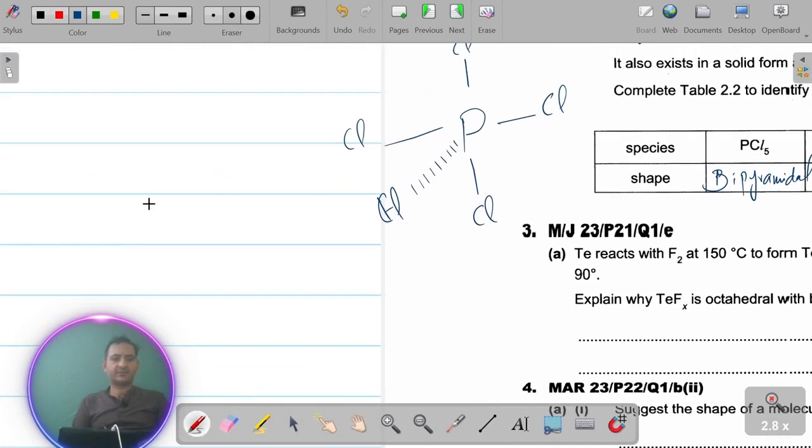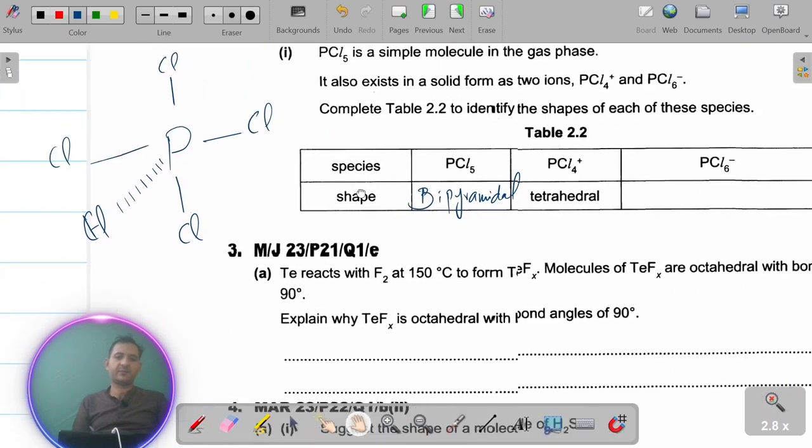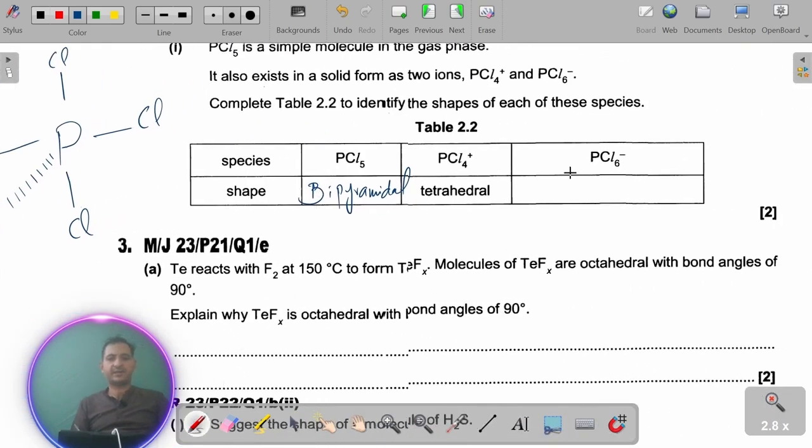PCl6 would be like this. We have this phosphorus, 1, 2, 3, 4, 5 and 6. I told you when there are 6 surrounding atoms, the shape will be octahedral. This shape will be octahedral.